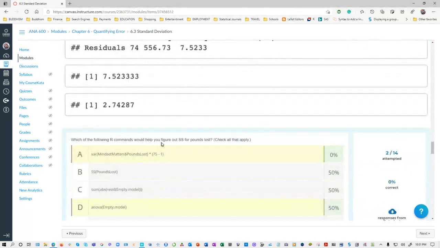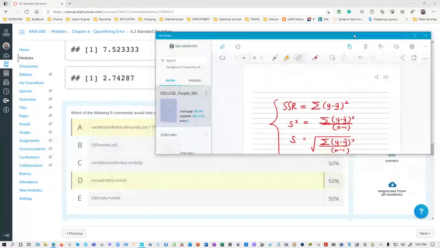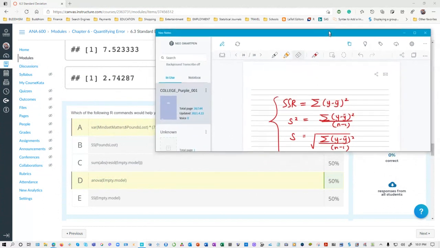Which of the following R commands would help you figure out the SS for pounds lost? If you're going to do that one, the var of mindset matters pounds lost should be multiplied by this one. They are looking for the residual. You have this formula.